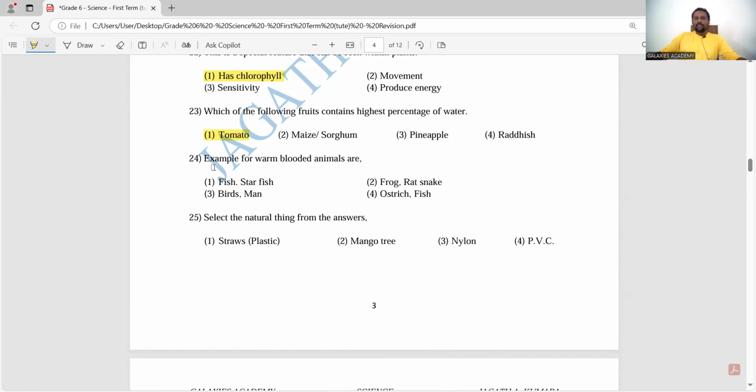Right. Number 24. Examples for warm-blooded animals. We can divide animals into two groups: warm-blooded animals and cold-blooded animals. Warm-blooded animals can't change their body temperature according to the environment, right? We call them warm-blooded animals.